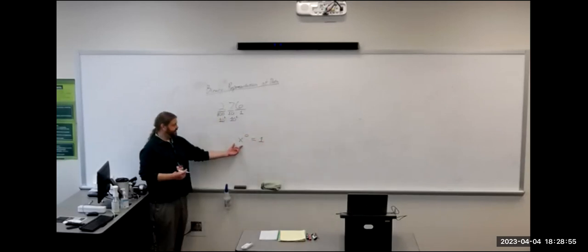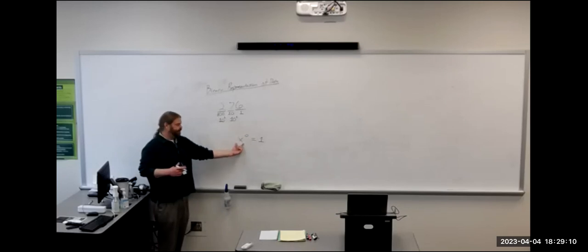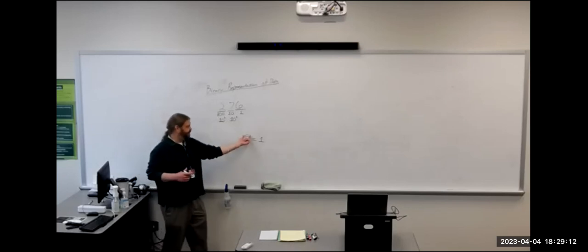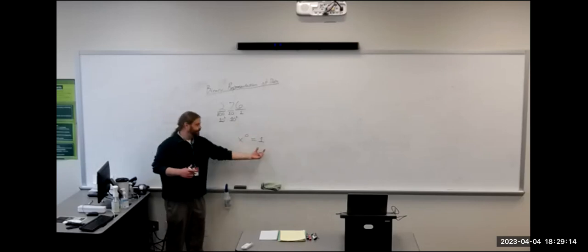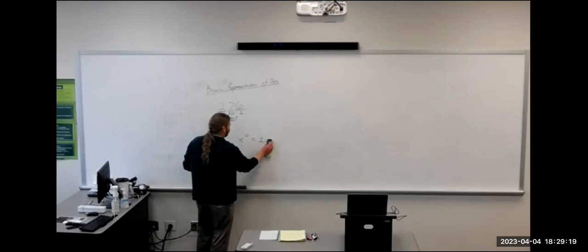I always like to think of it as we have something, otherwise we would have written a 0 here. But if we think about exponents as repeated multiplication, we don't have any of that something. It's not 0, but it's not really that thing we're looking at. So we just go back to our default number. That's one way to think about it. There's different ways, but it's just a rule in math.